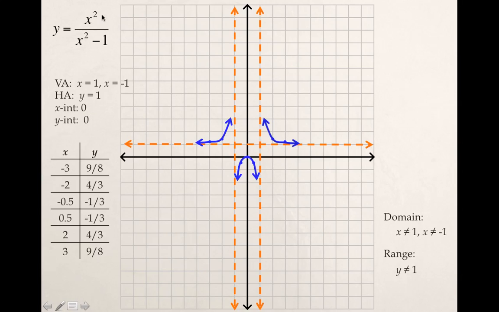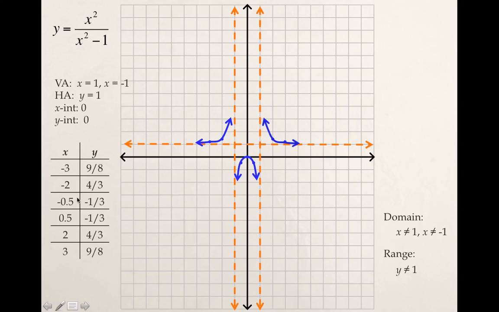Next, I'm going to take my numerator and set it equal to 0, and that's going to give me an answer of 0, which also means if I put 0 in for x, I'm going to get an answer of 0. So the origin is once again a point on my graph. Now these are the values for x that I chose to use. You do need to choose something in between these two vertical asymptotes.